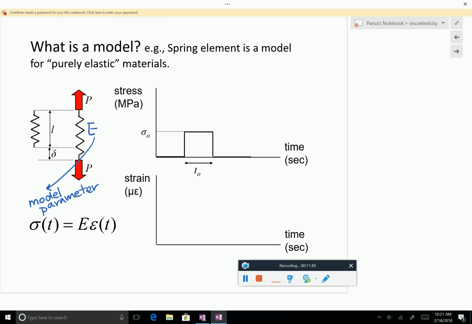We need it to describe the model. Just draw the strain versus time. But also try to see how much strain it is, not just to draw the boxcar. Try also to see how much strain you would get.